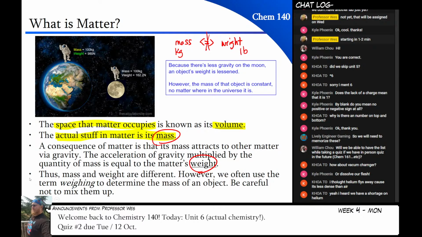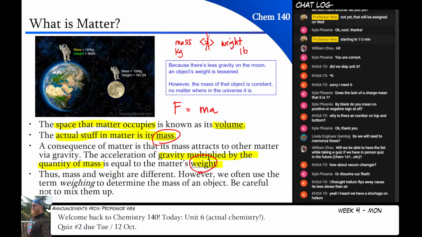weight involves gravity. Gravity multiplied by the amount of mass is what we know as weight. In fact, if you've taken a physics course before, you've probably seen this equation. F equals ma, or force is the amount of mass you have times its acceleration.